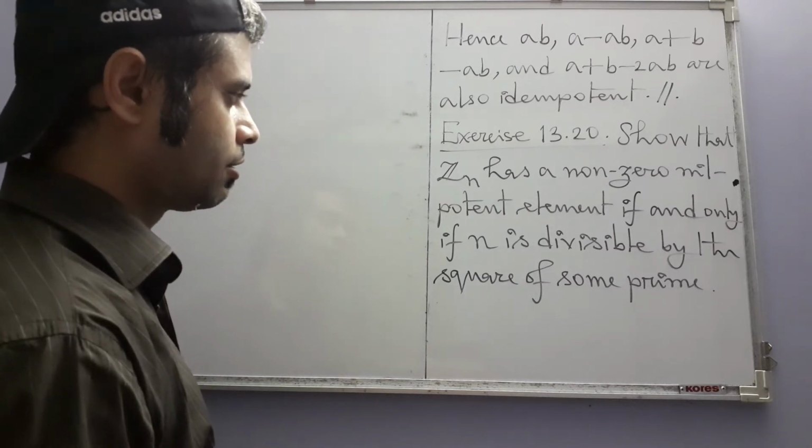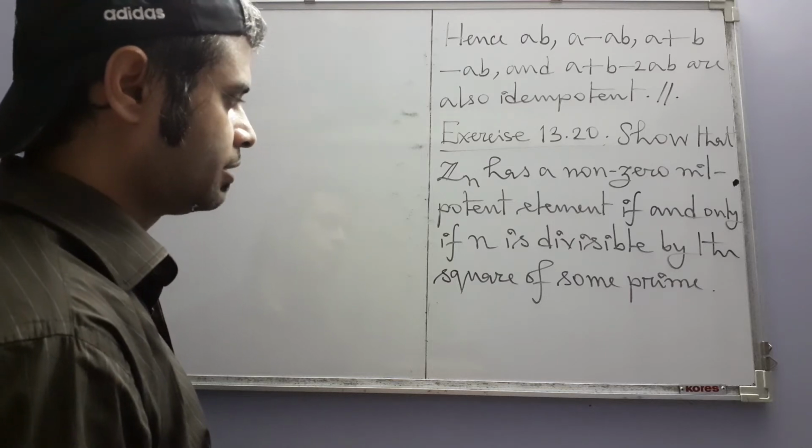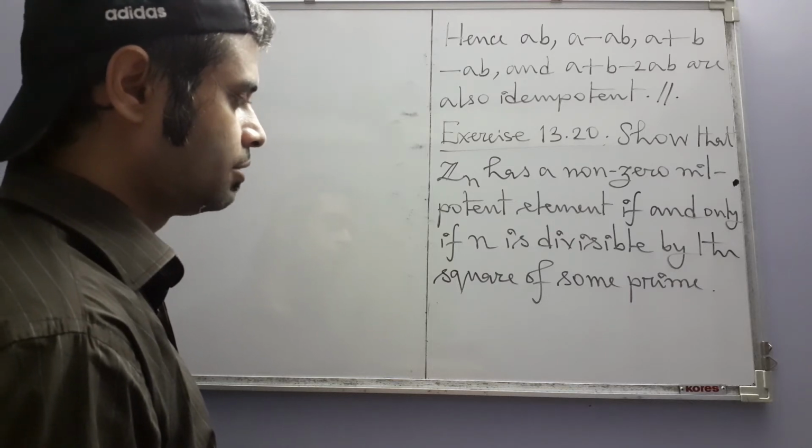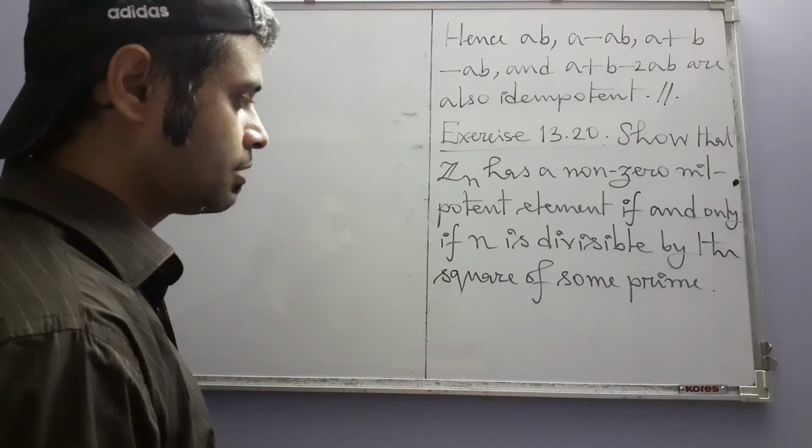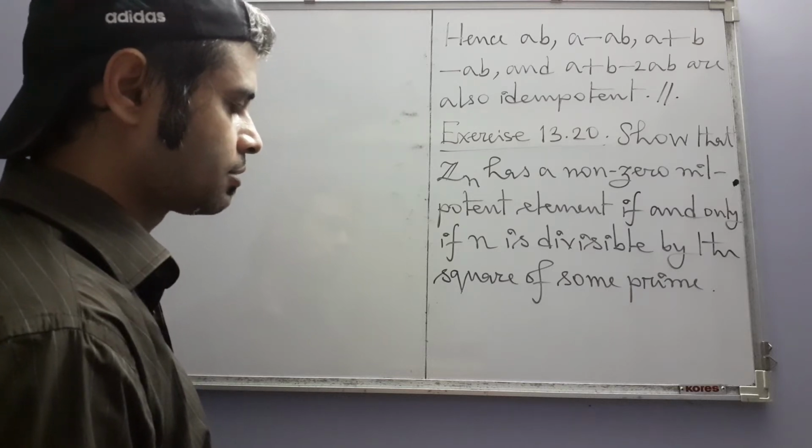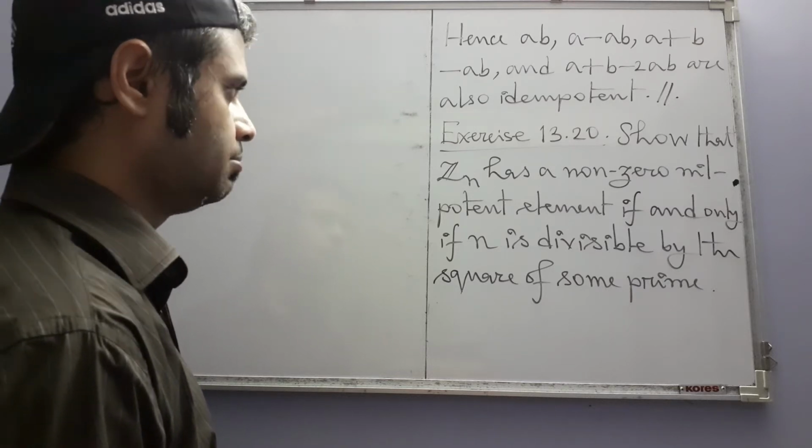This has a non-zero nilpotent element if and only if the modulus n is divisible by the square of some prime.